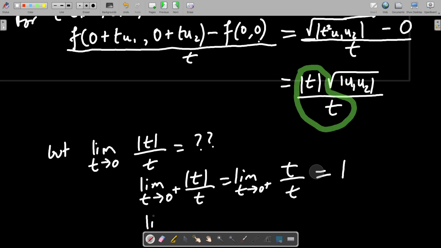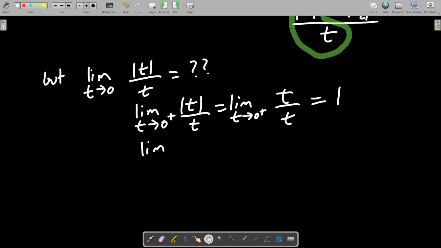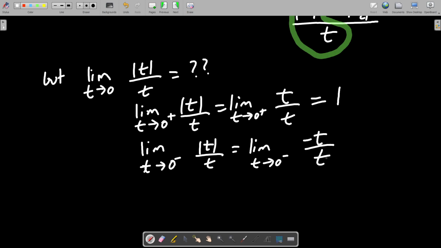In the same way, if you are tending towards 0 in the negative direction, at the left hand side of 0, your modulus of t will become minus t, since t is less than 0. So this will cancel out and give you minus 1.